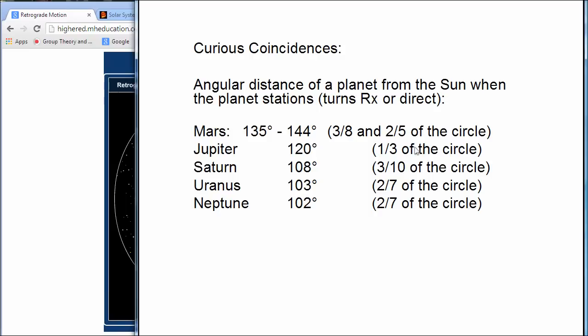When Jupiter is trine the Sun, it is close to being stationary, because that's when it stations. And when Saturn makes a 3/10 aspect to the Sun, it's stationary. And it's the only time. And Uranus and Neptune station when they're 2/7. Astrologers call it biseptile from the Sun.